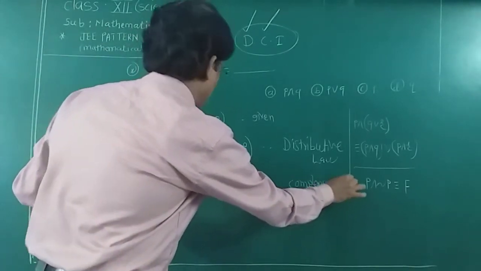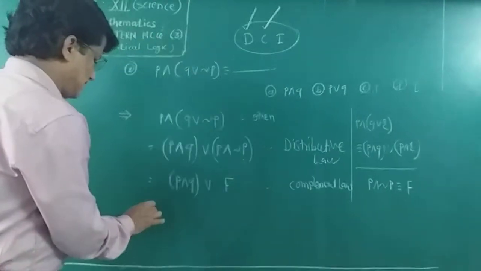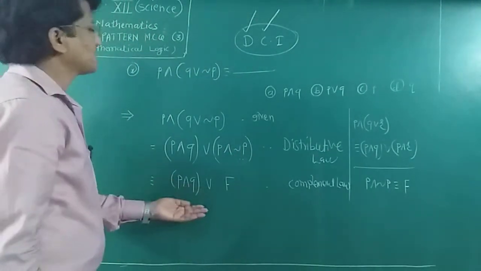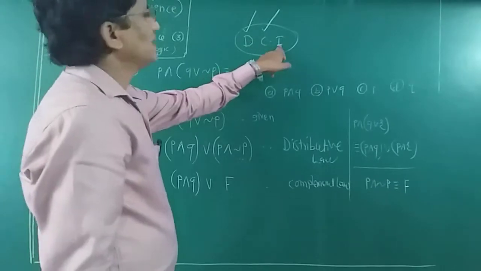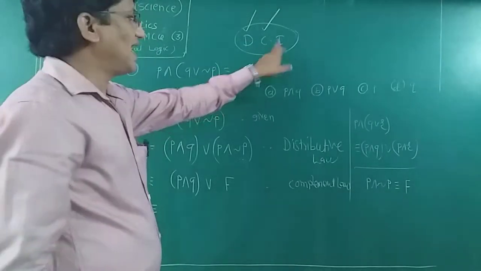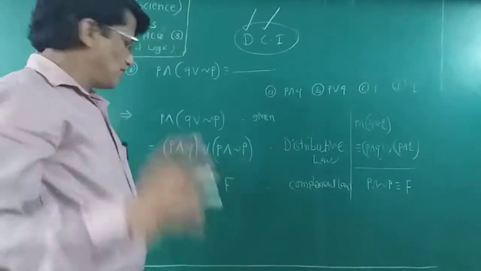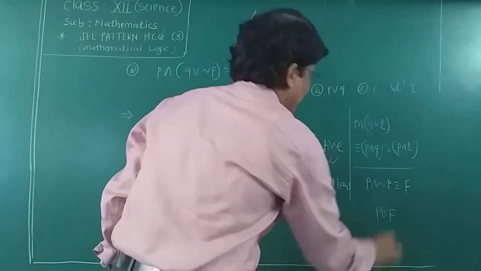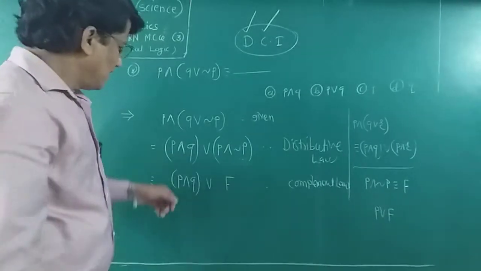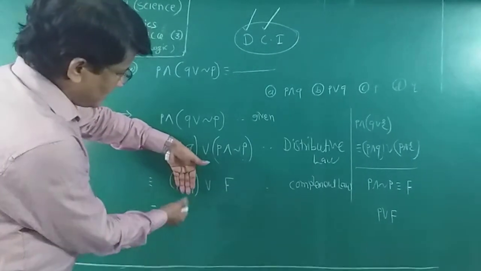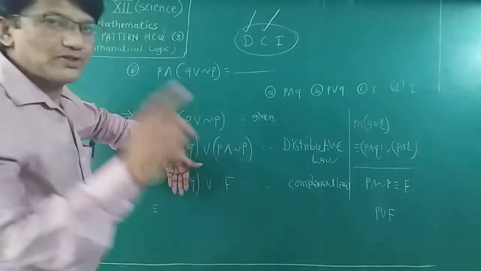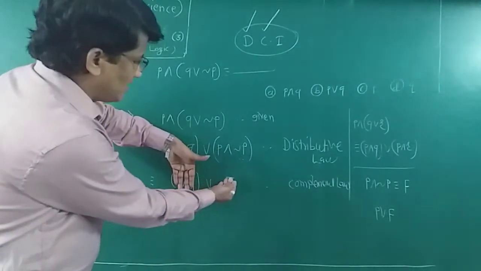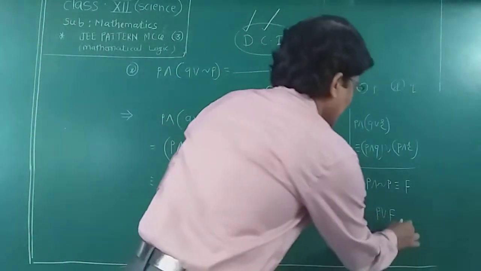Again, one more step is here. DCI: I means the identity law. And we all know what the identity law is: P or F. Suppose this whole bracket is a P. P or F, the result is what?